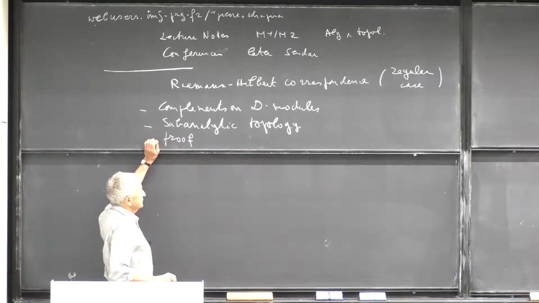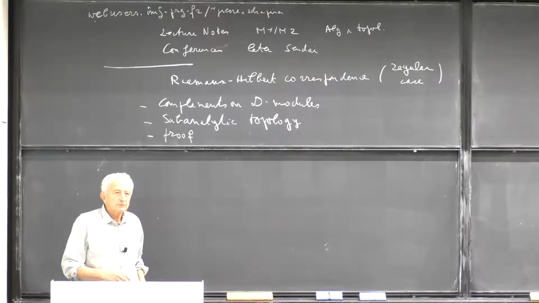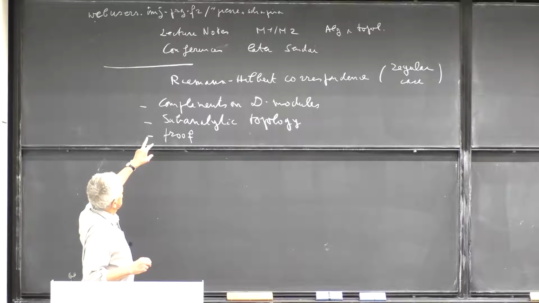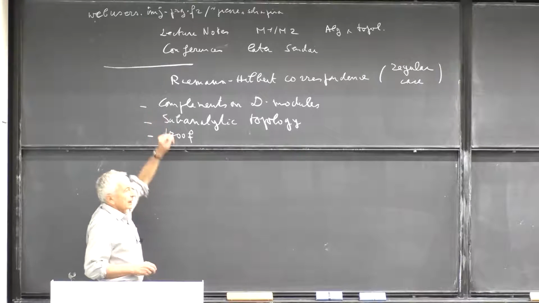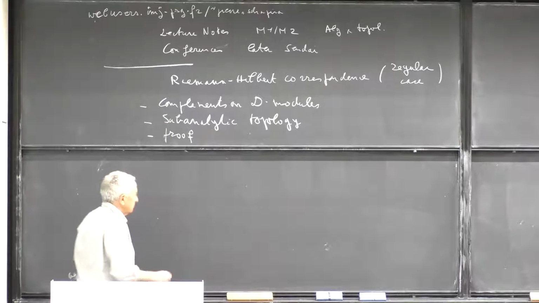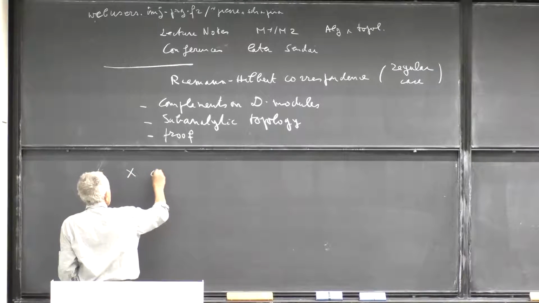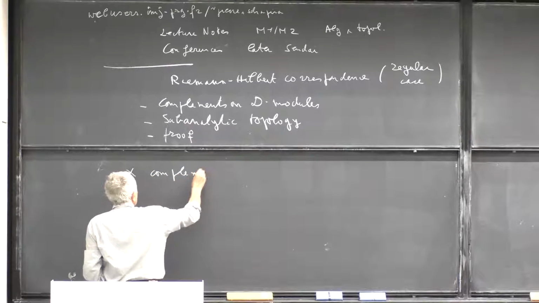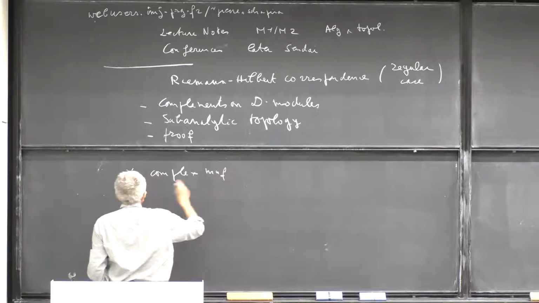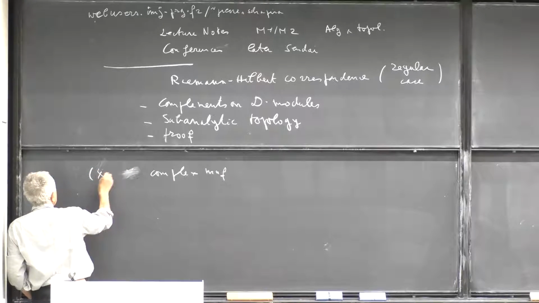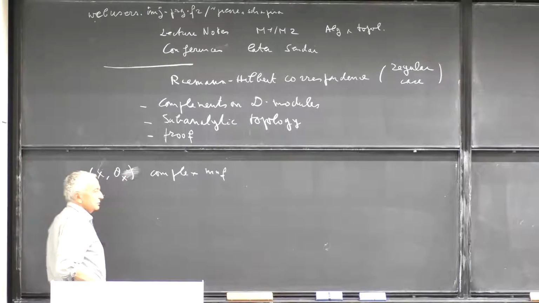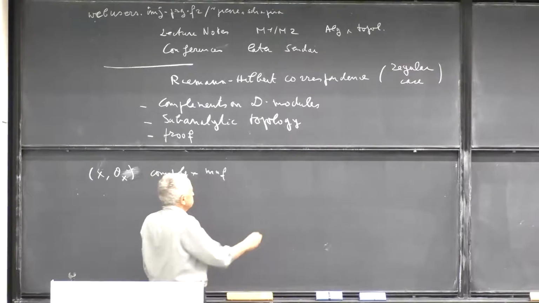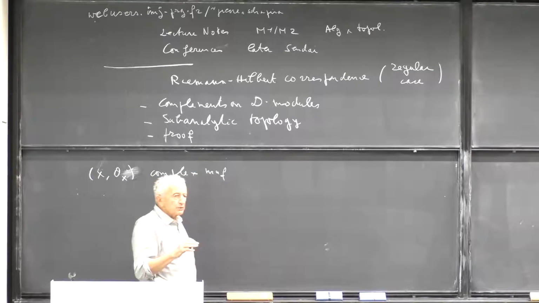Now I'm sorry for the specialists, but I will be very elementary. I recall a few basic things on D modules. So X is a complex manifold, with a structure sheaf OX, analytic, not algebraic.